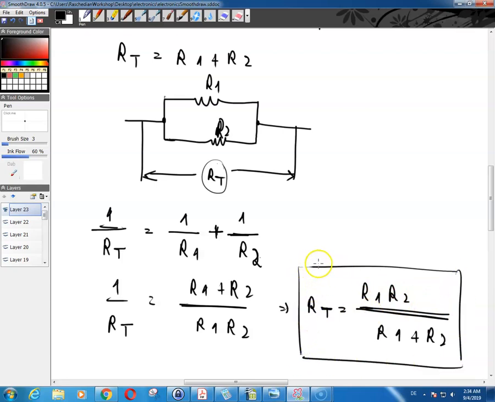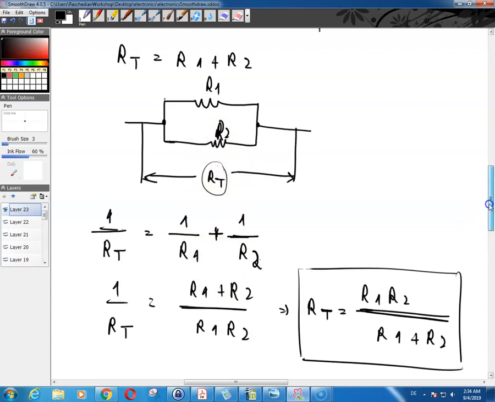Now, in the case of capacitors, you will have the exact opposite situation.